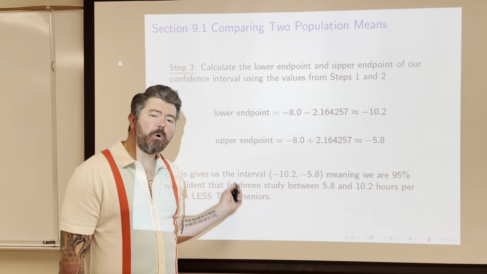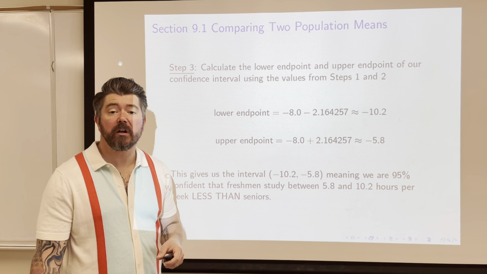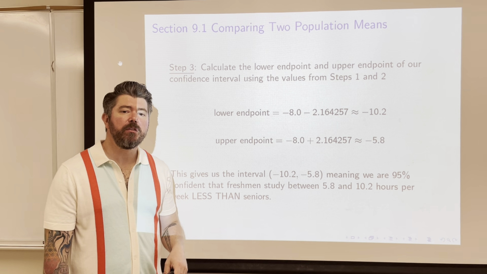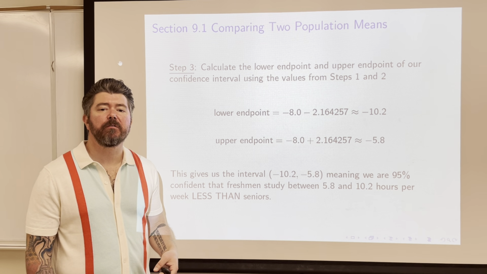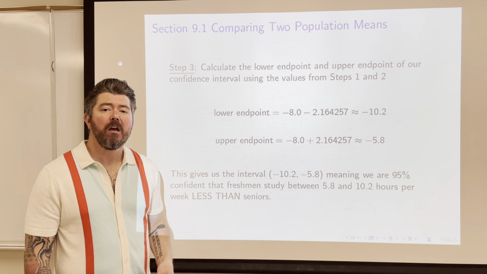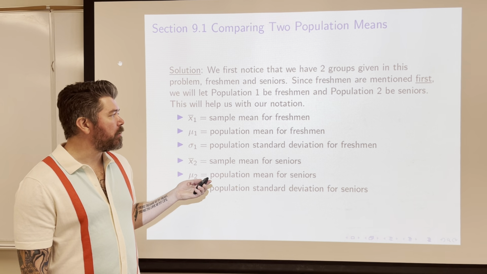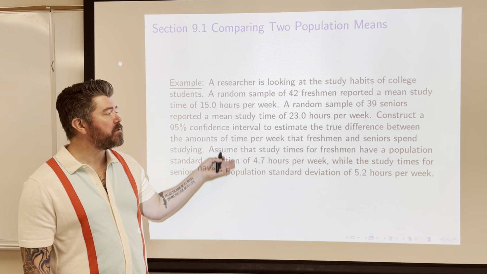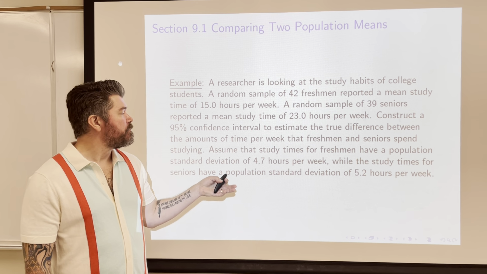If you have any questions on this, you can post in our discussion board or again, email me. I've only done one example in these sets of slides because, again, confidence intervals, it's the same process. The hardest part of these problems is reading the problem. Now, since there's 2 populations and 2 samples happening, the problems are going to be longer.